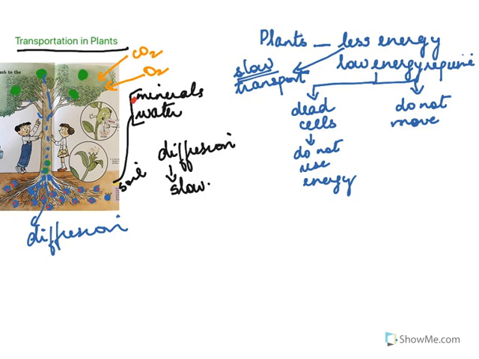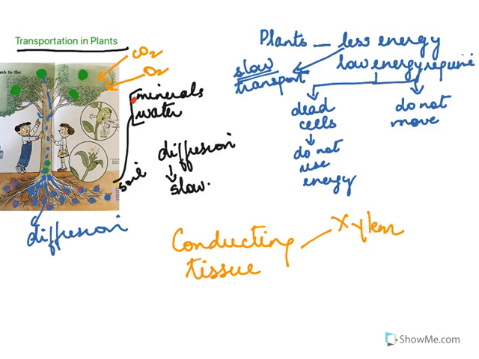Now last year you learned the plant has these two conducting complex tissues. One is the xylem and the other is the phloem.